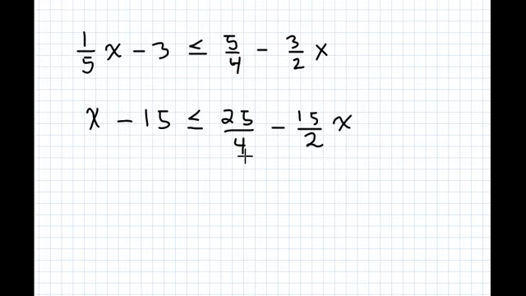Alright, let me go through now and multiply through by 4 to each one of these terms, and that'll get rid of this 4 here while I'm doing that. So 4 times x is 4x minus 4 times 15 is going to be 60, and of course 4 times 25/4 is just 25.